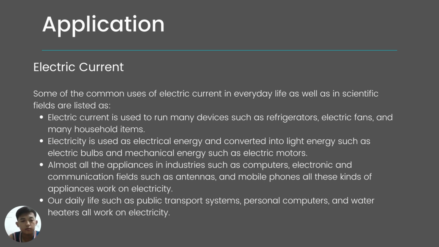Electricity is used as electrical energy and converted into light such as electric bulbs and mechanical energy such as electric motors. Our daily life, such as public transport systems, personal computers, and water heaters, all work on electricity.